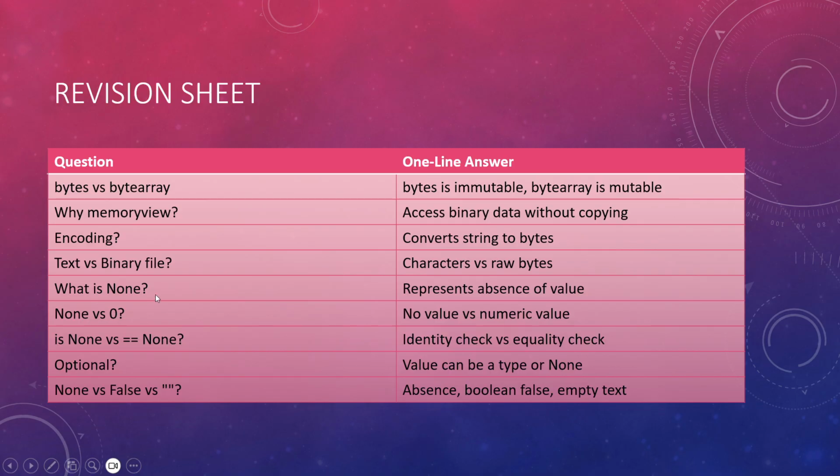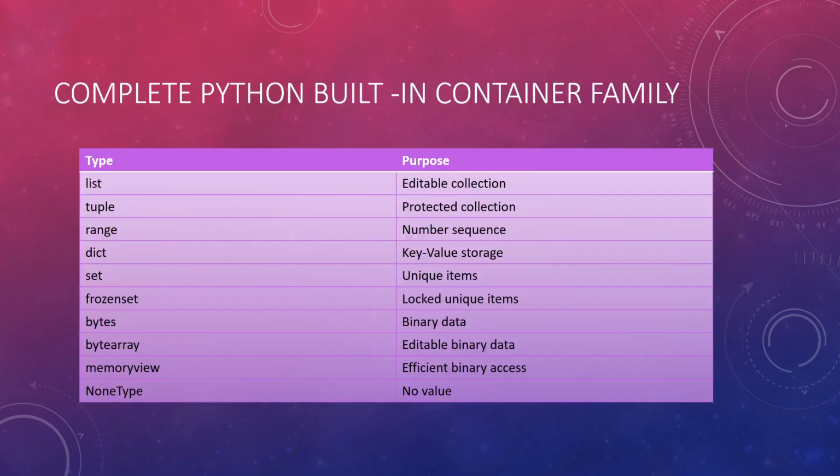What is None? It represents the absence of a value. None versus 0: None means no value, but 0 is a numerical value, right? On our number line you have negative values, positive values, and 0.